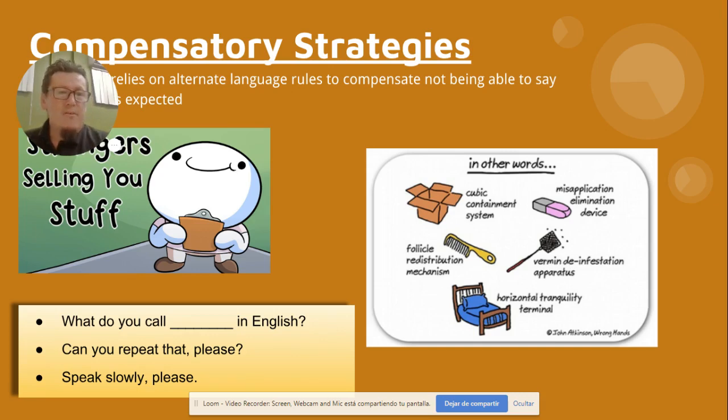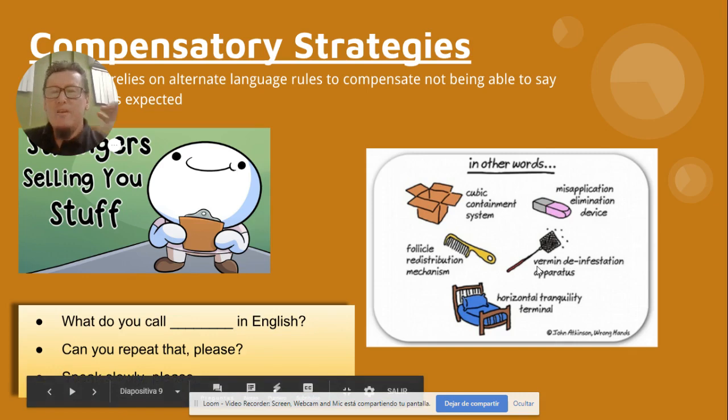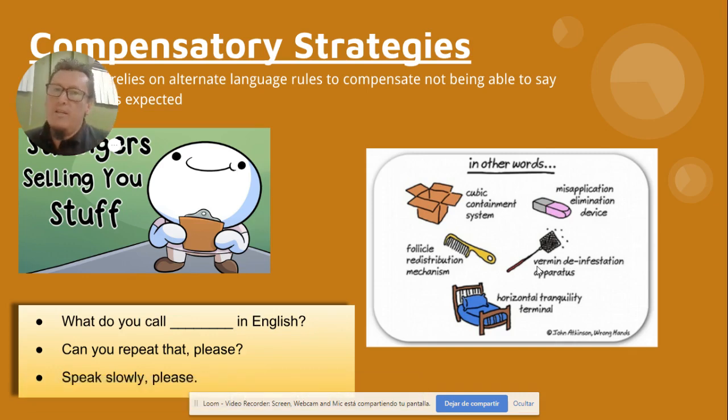So this other thing, misapplication elimination device, an eraser is what they're talking about. So here we have these other things where we don't remember the word, the name of it. So we describe things around it and we get the other person to tell us the word. That again is a compensatory strategy.